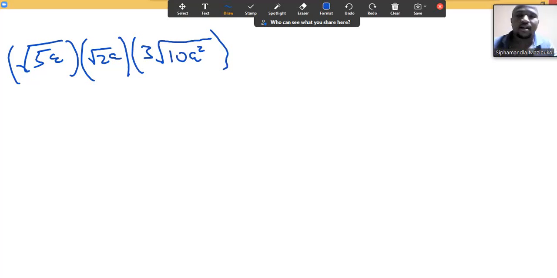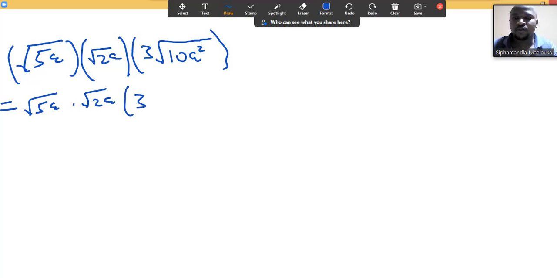How to approach this one? This is a little bit challenging, but let's look at root 5a multiplied by root 2a and then by 3.